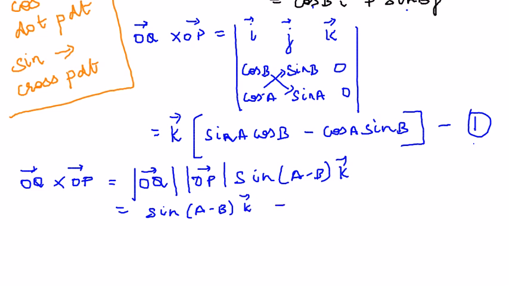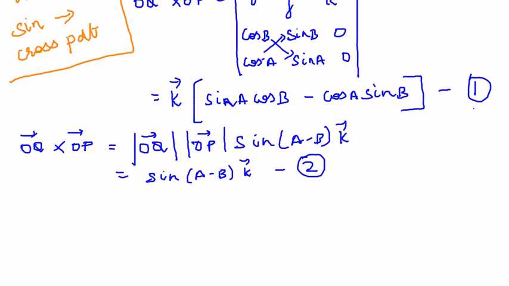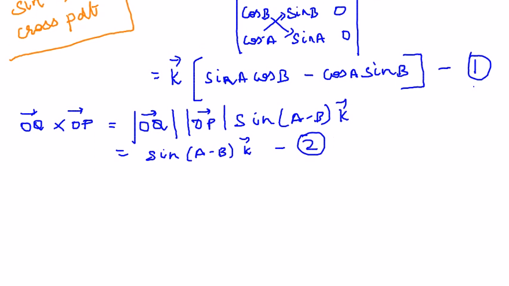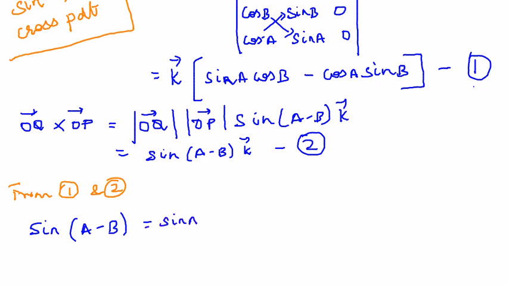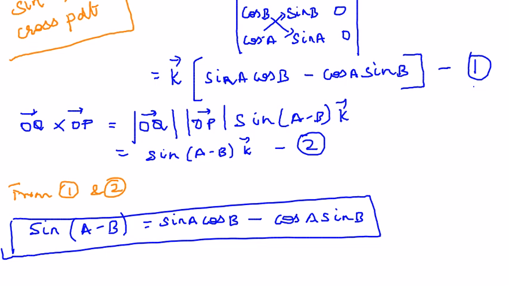Let us mark this as equation 2. Therefore, from 1 and 2, we get sine of A minus B is equal to sin A cos B minus cos A sin B. And this is what we had to prove.